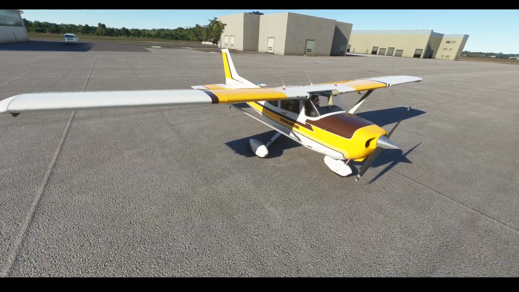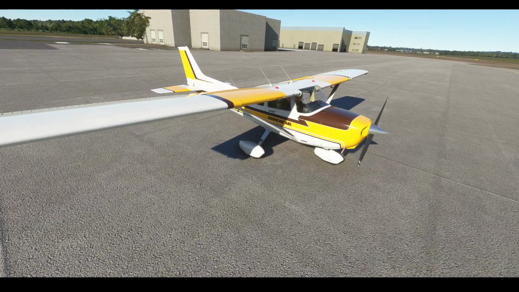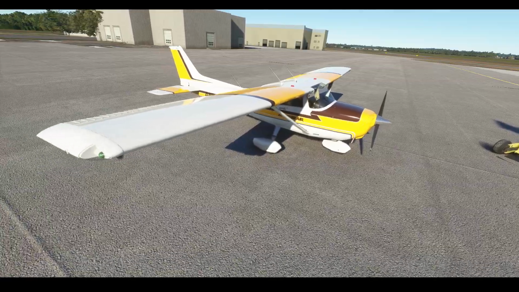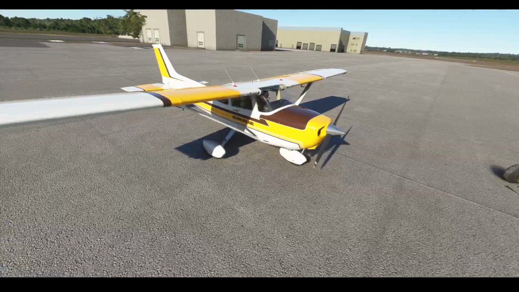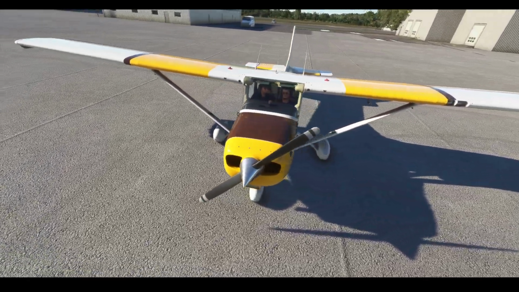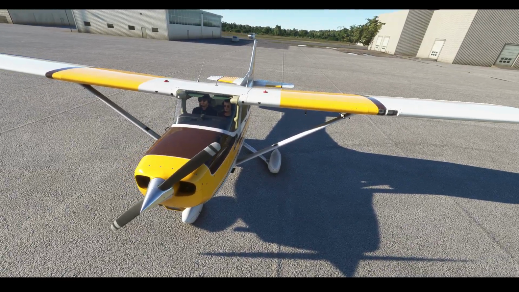Student pilots love them, and they're great for student pilots just because they're very stable, they're not too fast, and they get the basics of flight down really well without the same perceived risks of speed or instability.